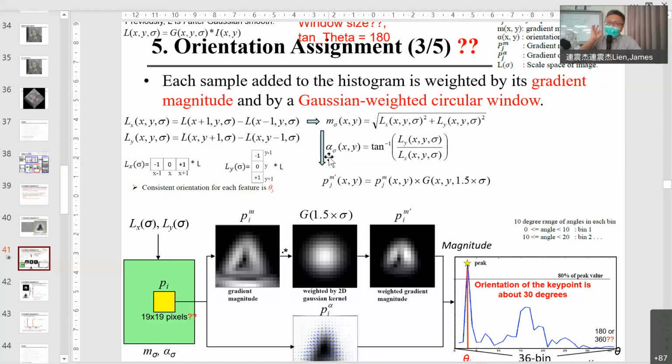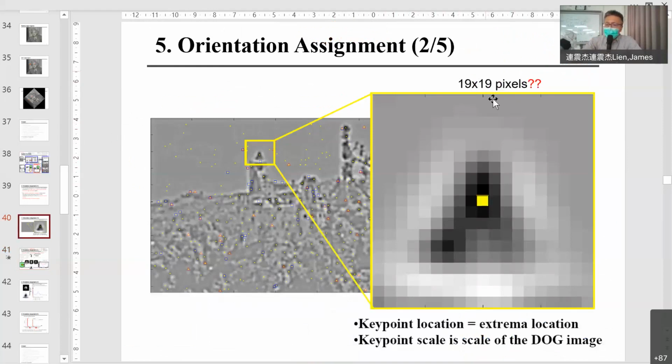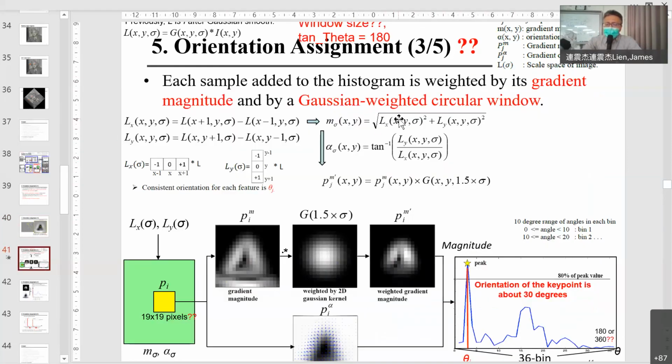So for any edge, you have an edge of 1 pixel. So right now you have 19 by 19 pixels. For any edge, you have a magnitude and a rotation angle. And we try to get this distribution.